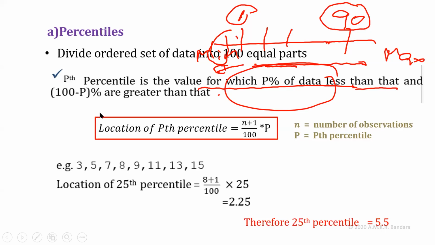The location of the P percentile can be found using this formula: (n plus 1) divided by 100, multiplied by P. If I want to find the 90th percentile, assume there are 500 data points in the data set. Here n is 500, so 501 divided by 100 multiplied by 90 will be the location of the 90th percentile.